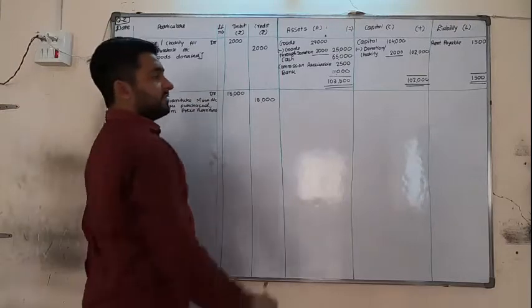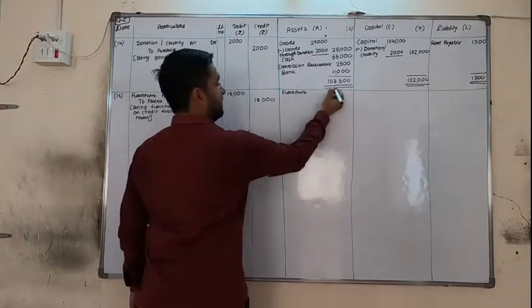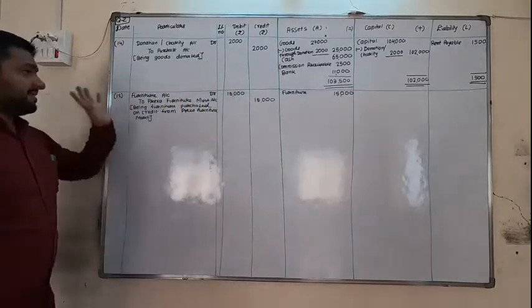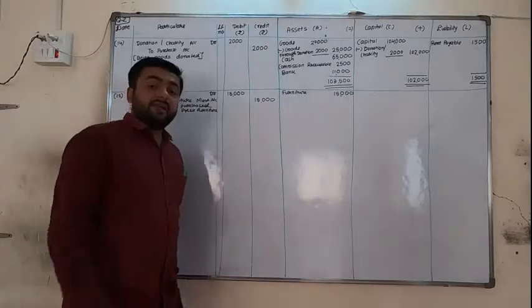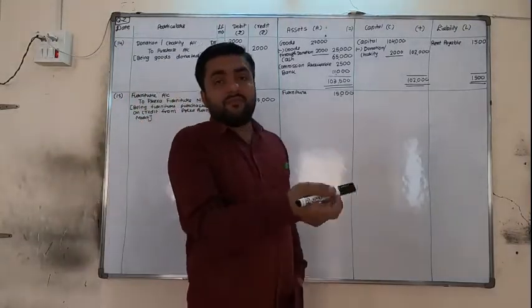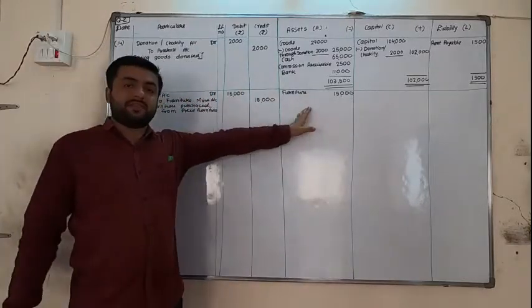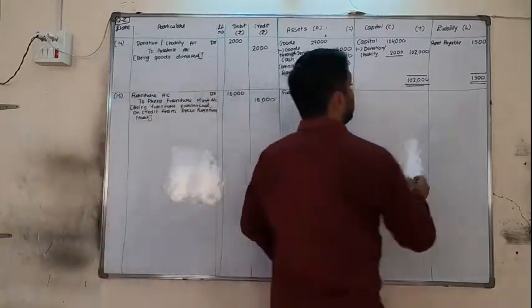No old furniture is in our books, so directly we will write furniture, it is our asset. 15,000. Now furniture has been written. Now this Preksha Furniture is a name of person to whom we have to pay the amount. If we have to receive the amount, then it would be debited and it would be asset. But we have to pay the amount in future, that is our liability, so it will be shown on liability side.